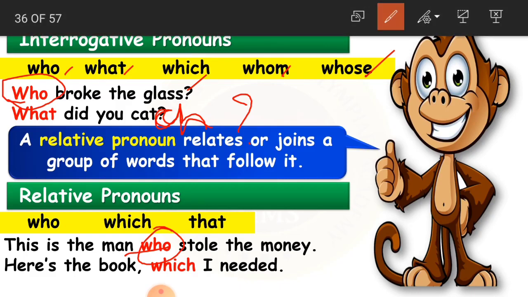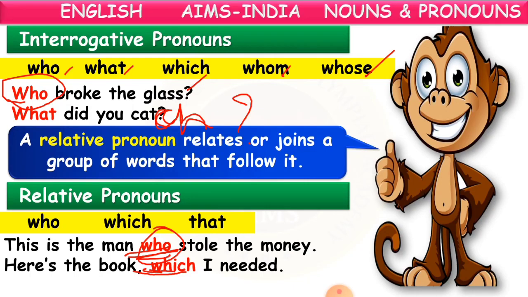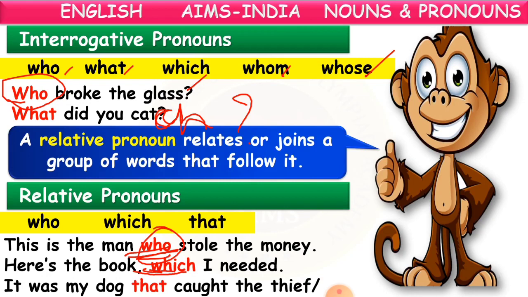If you observe, children, who refers to persons. When we want to address persons, we use who. When we are addressing things, then which will be used. Clear, children? Understood the difference? So that is why we used which here. Here's the book which I needed. So this is again a relative pronoun.